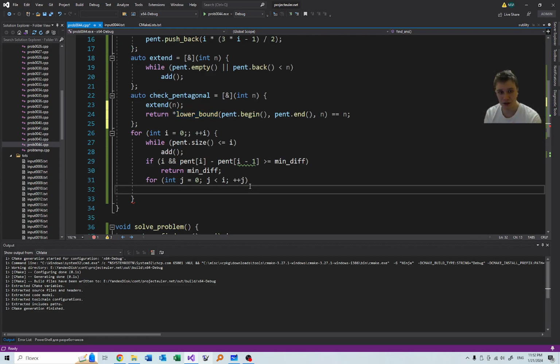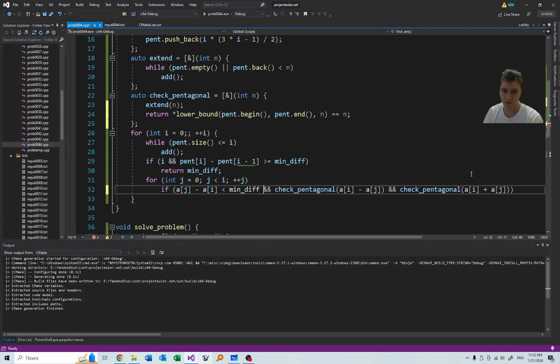Okay, and here we need to check that if a[i] minus a[j] is pentagonal and a[i] plus a[j] is also pentagonal, and also if a[i] minus a[j] is less than min diff.